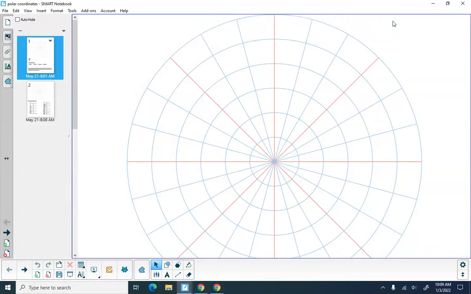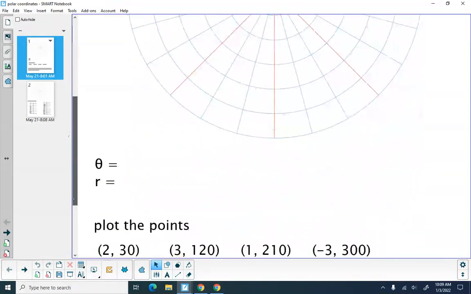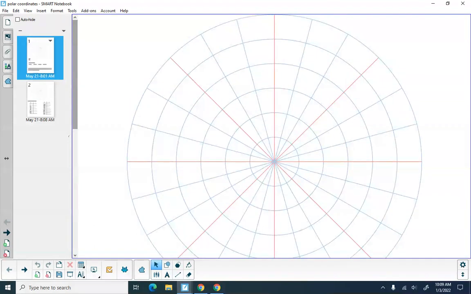So if we take a look at what we have here in Spidey's web, we have this point right here, which is called the pole. Think of it as if you were looking at the top of a globe; this would be the North Pole.